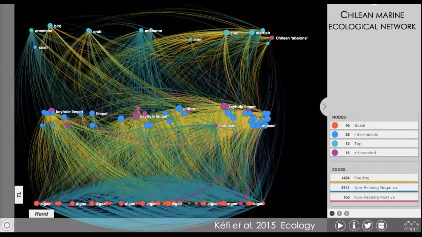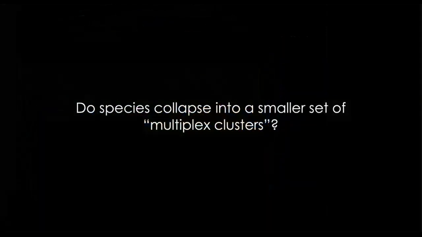So with this data, there's a lot we can do, but one of the questions we had was, are there patterns in the way species are involved in different interaction types? In other terms, can we collapse the species into a smaller set of multiplex clusters, meaning groups of species that share similar types of links with similar species?